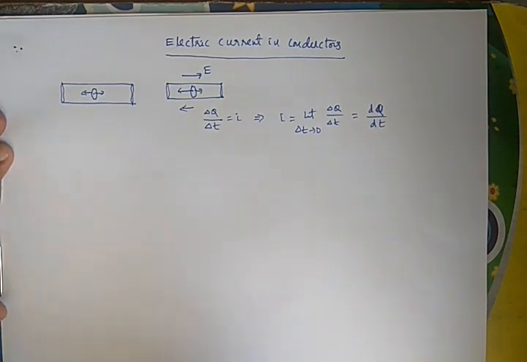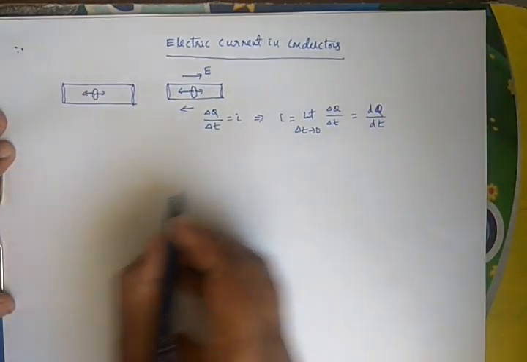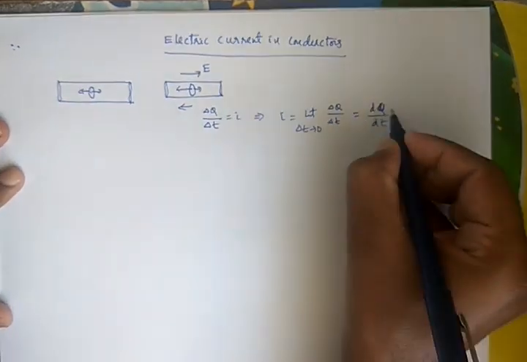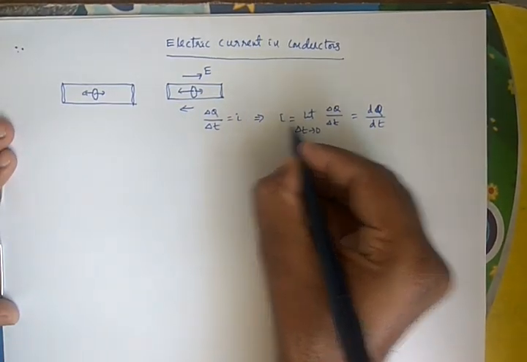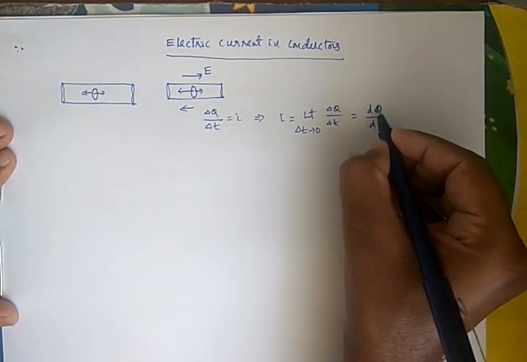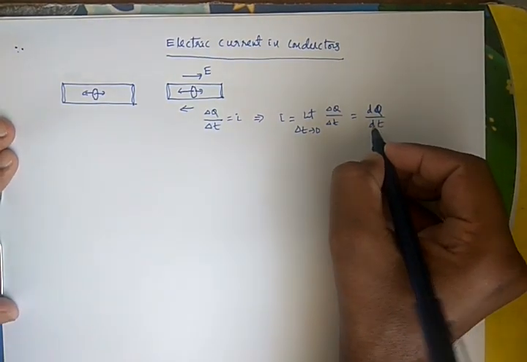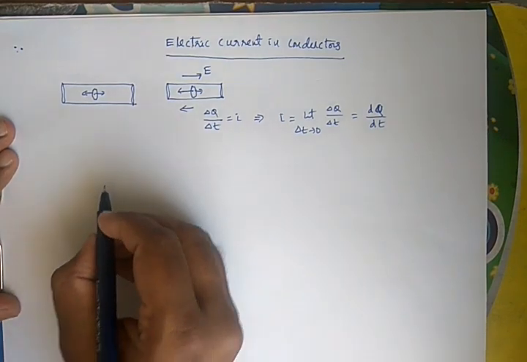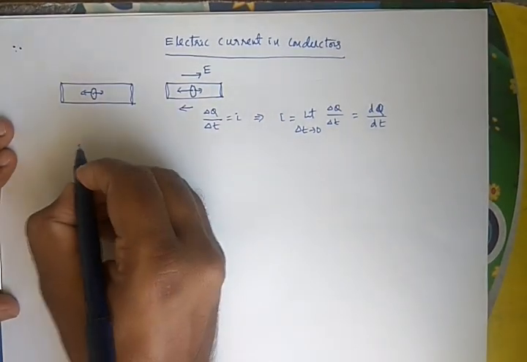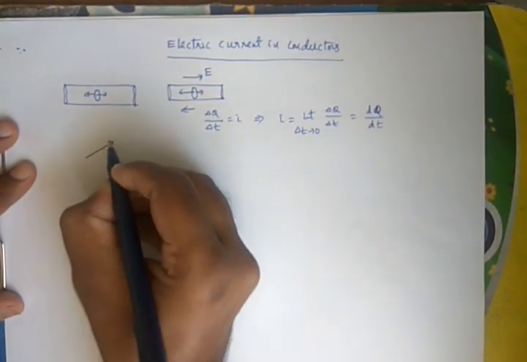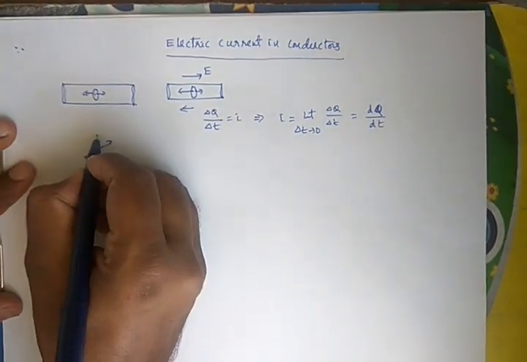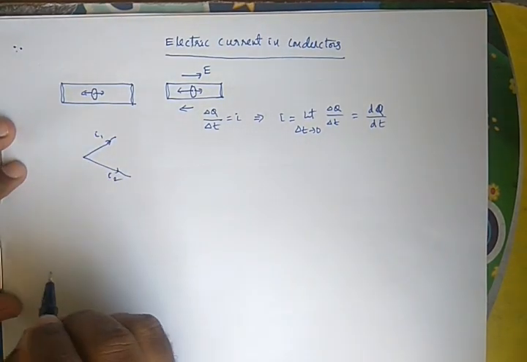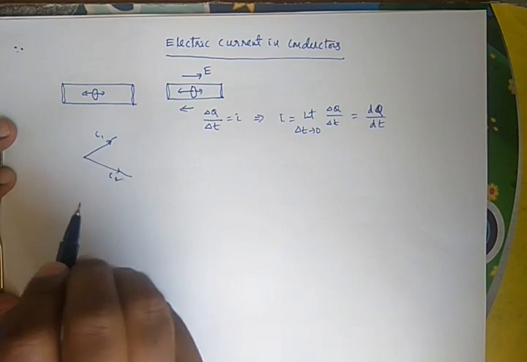So this is what current is. This is a scalar quantity. It's not a vector, because it is defined as dq by dt, and dq is a scalar and dt is also a scalar, so you get current as a scalar. For example, if you take two wires, and I1 is the current carried by the first wire and I2 is the current carried by the second wire, if it were a vector you would see a net value.